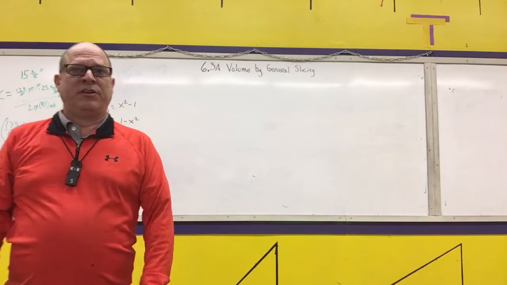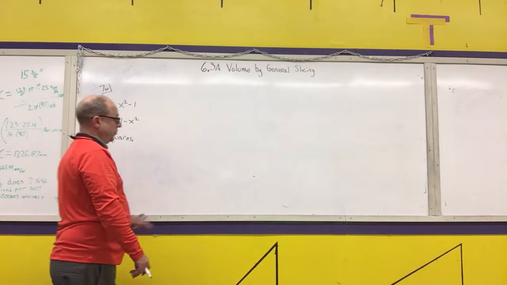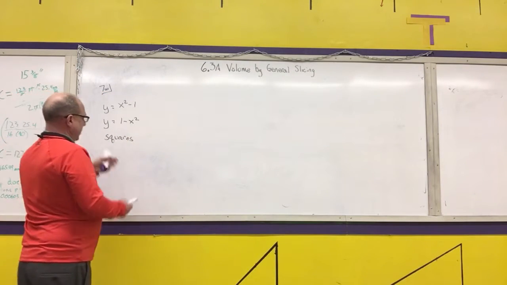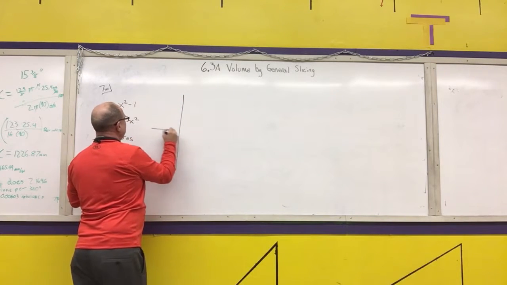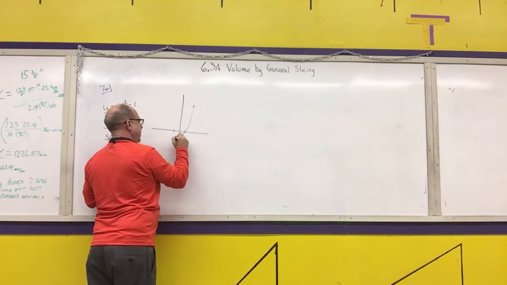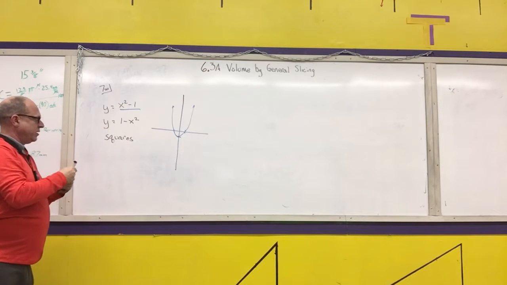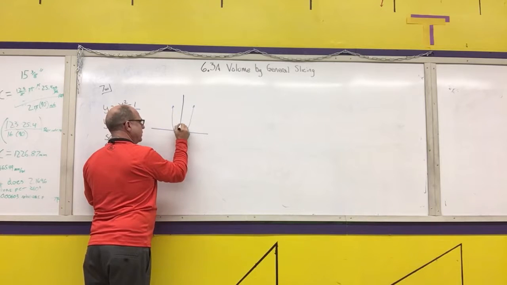So the first example I'm going to do is very similar to your problem 7, except I'm going to use two different curves. The curves I am going to use are y equals x squared minus 1, which is my parabola that is shifted 1 down, and y equals 1 minus x squared, which is an upside down parabola shifted 1 up.